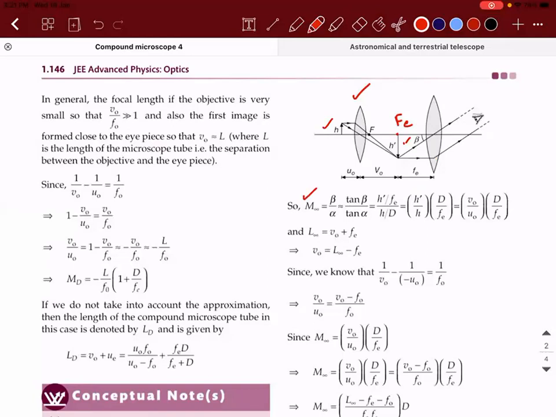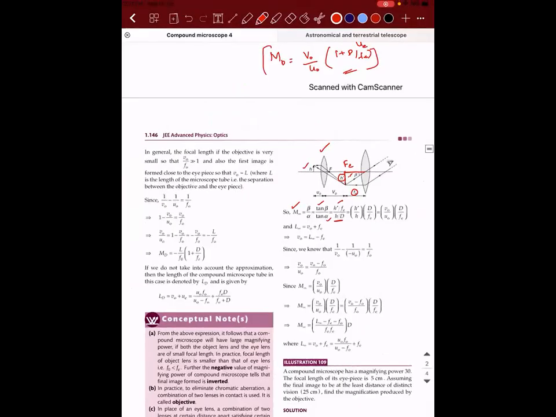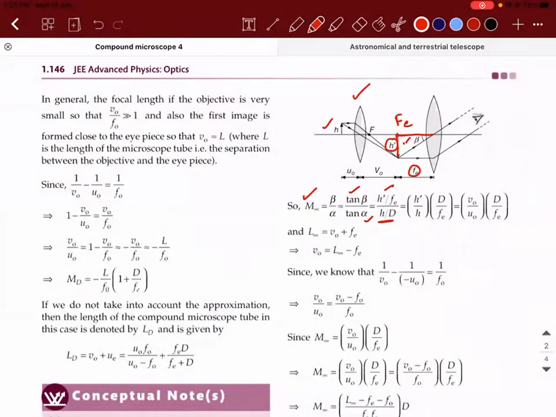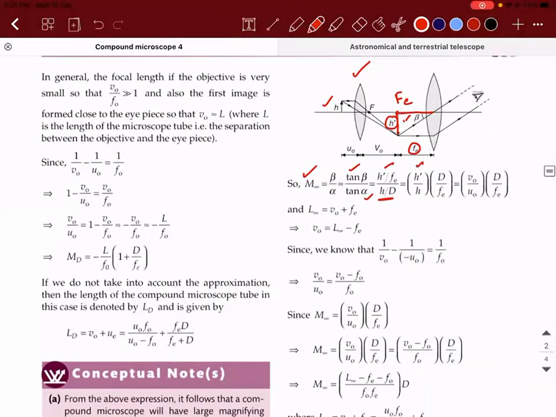Now see, magnifying power at infinity is beta by alpha, which is approximately equal to tan beta by tan alpha. But what is tan beta in this case? Tan beta is equal to H dash divided by FE, because this distance is FE, the side is H dash. So H dash divided by FE divided by what is going to be the value of tan alpha? Tan alpha is obviously equal to H divided by D. So H dash divided by H into D divided by FE, right?